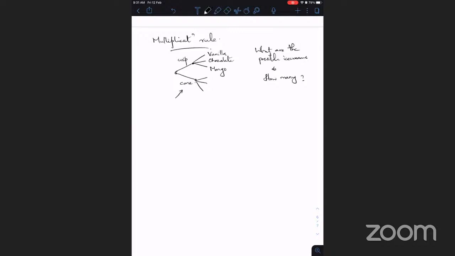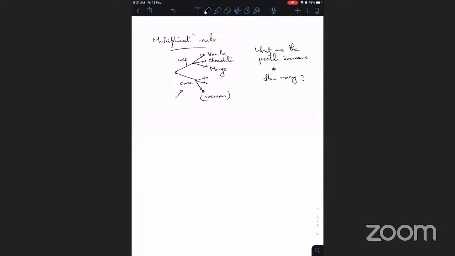At the second stage, there are 3 leaves, and you have to pick one of these. When you pick one of these 3, you get an ice cream. So this is what we are trying to count. The number of ice creams here is 6 because there are potentially 6 options. When you look at the leaf nodes, these are the 6 possible ice creams.